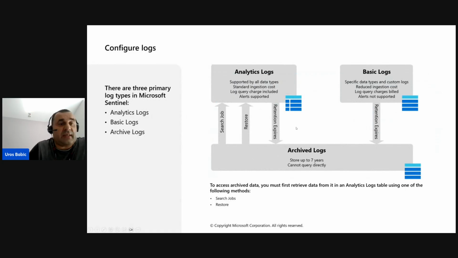And finally, we can configure different types of logs. Analytics logs are definitely supported in many operations, and you can actually use analytics logs by default. All tables and workspaces are available in analytics logs.